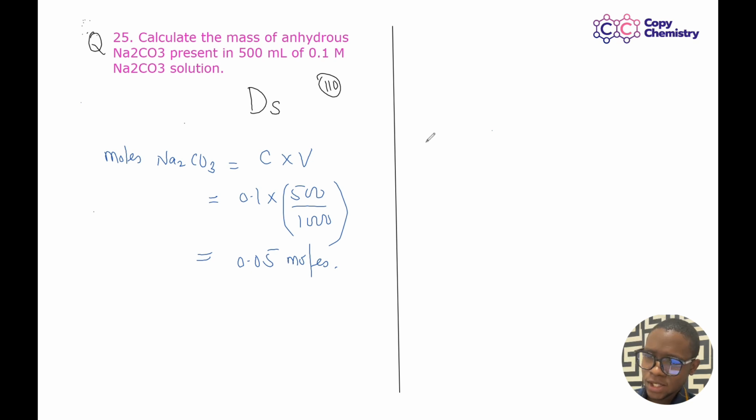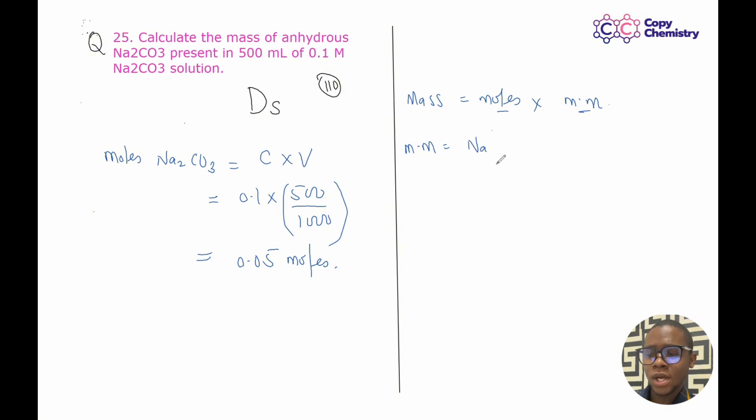Now, the mass of Na2CO3 should be equal to the moles times the molar mass. This is a formula. We have the moles, so let's work out the molar mass of Na2CO3 here.